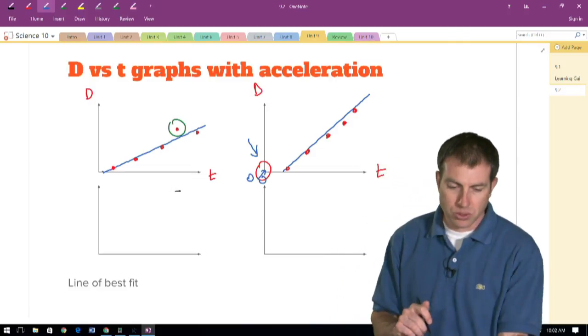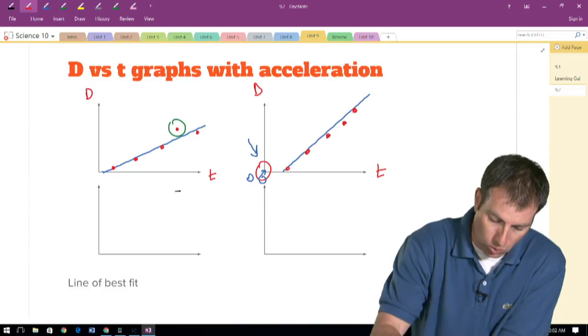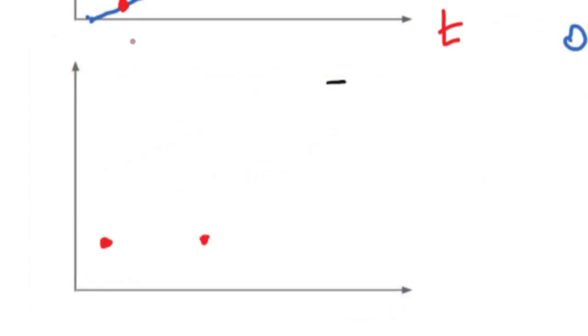Another thing is this: when you start plotting data from real-world examples, you could end up with some data that looks kind of all over the place. And if you draw a line of best fit through these data points, there's nothing that says you have to hit any of your points.